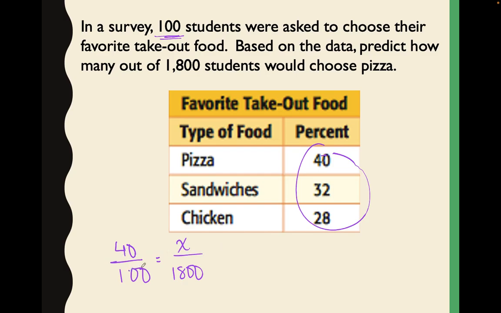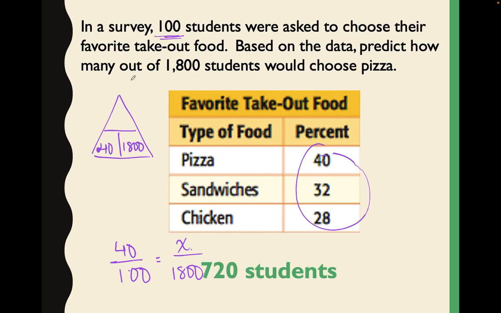So that's 40 over 100 equals x over 1800 if you're doing the proportion method. And if we're doing the equation method, which is what I want you to do now, we're going to say that 0.40 times 1800 equals 720 students.